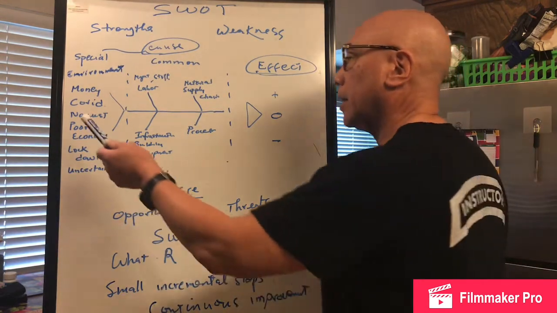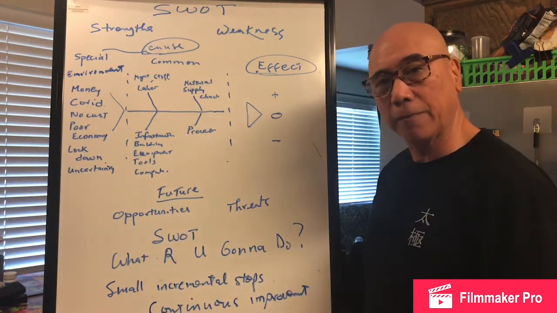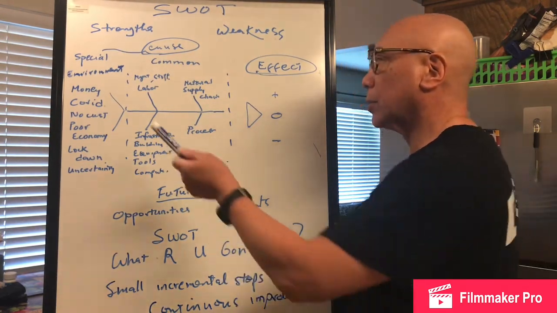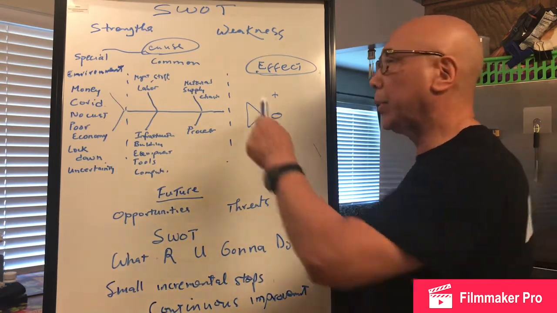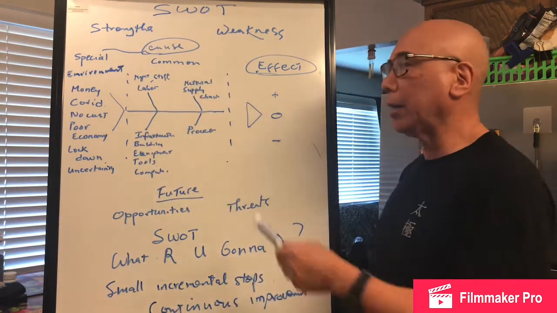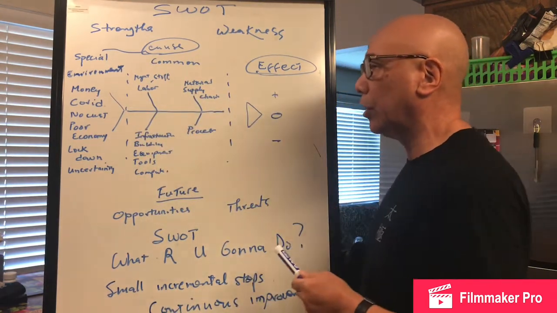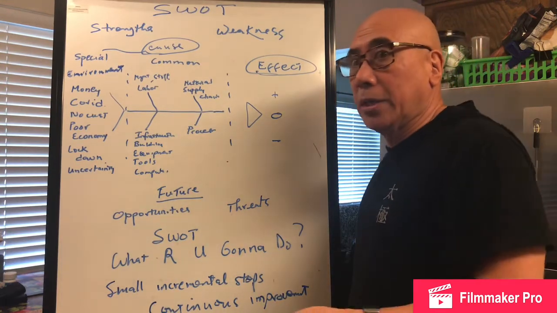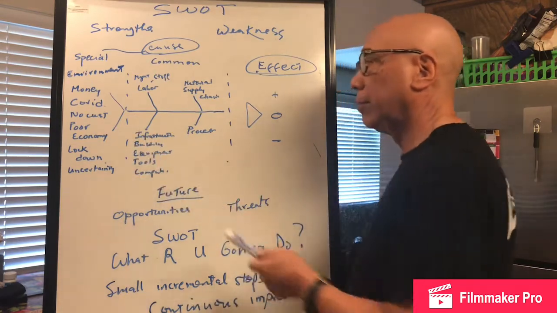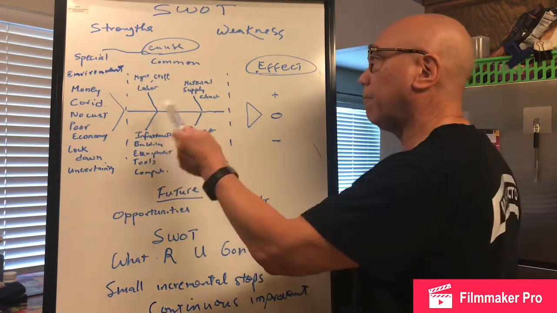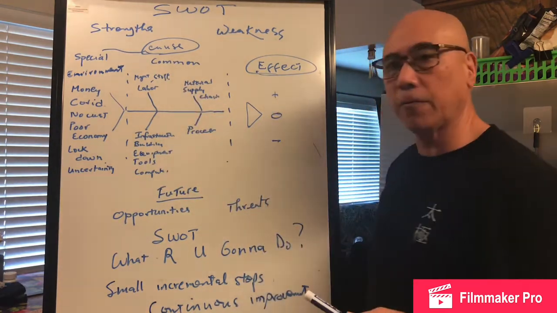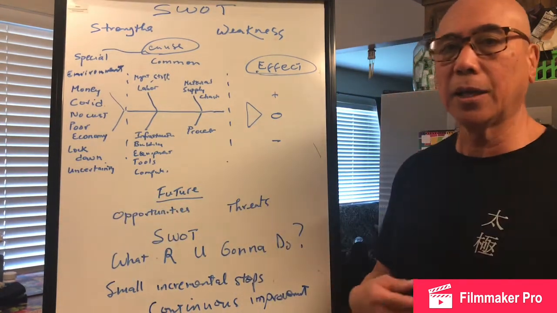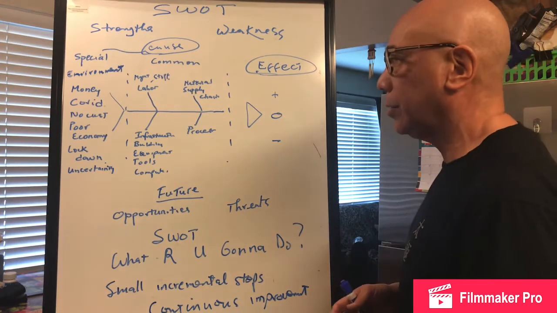The economy is a function where if the economy is strong, there's a high likelihood that we will be able to function our body of our fish to get a positive result. Right now, a lot of us are in lockdown. What can we do? That's another special cause that affects our common cause to the effect that we want and desire. And then obviously we've got all these psychological things like anxiety and uncertainty.